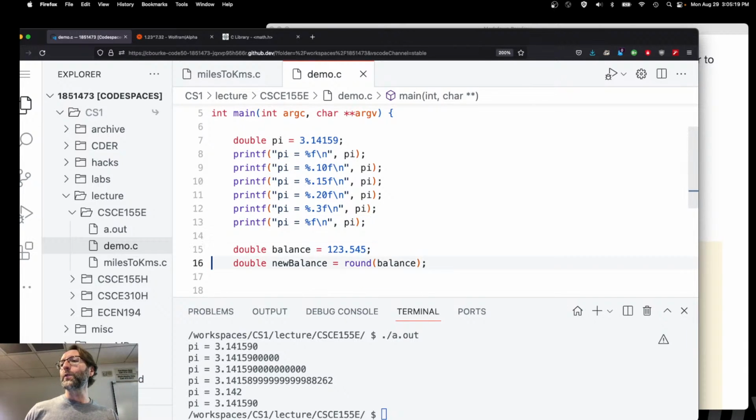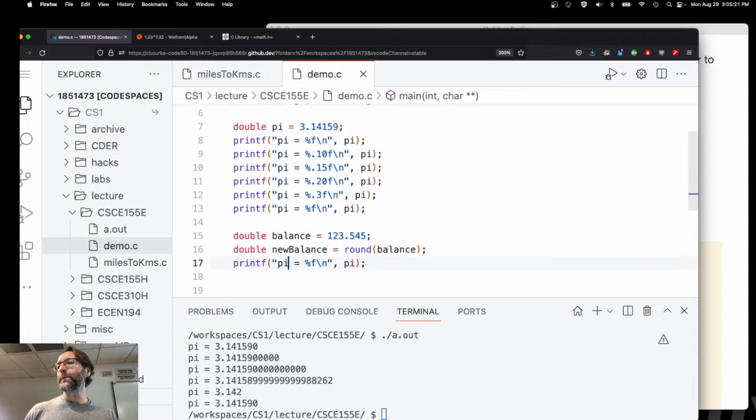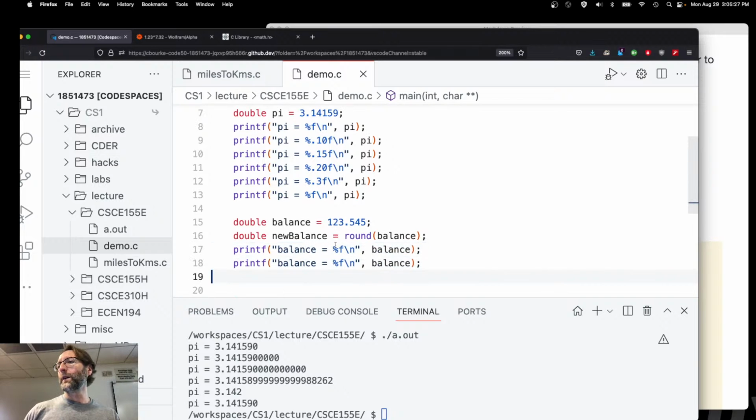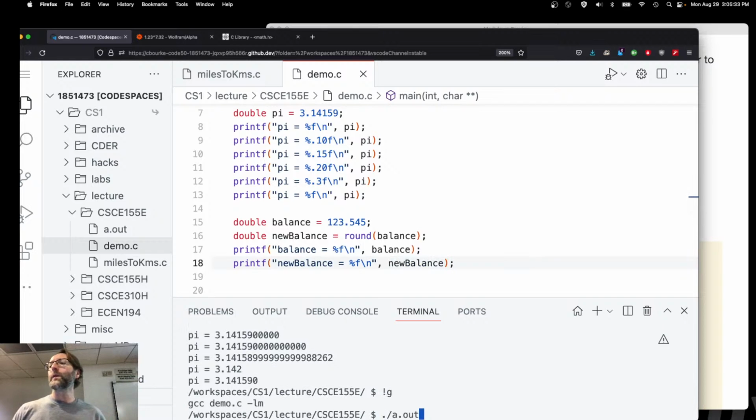And let's print both of those out: balance and new balance. Recompile and run. Is it going to give me $123.55? No. It's a very generous bank.